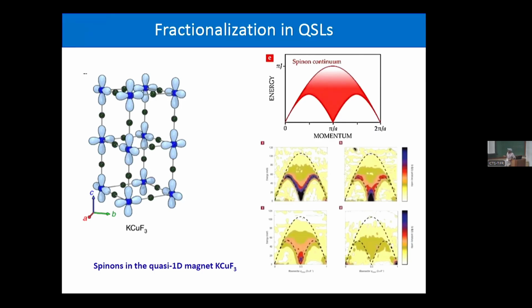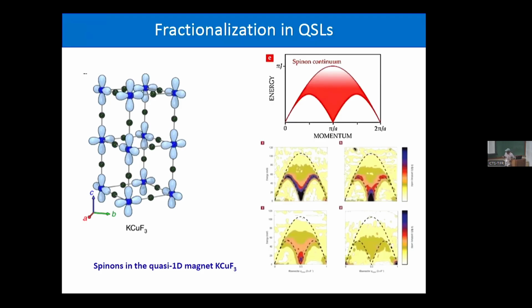So I show this real data for a quasi-1D magnet, potassium copper fluoride, and there is weak interchain coupling, and therefore this material orders at 5 K or so. If you do measurements at high temperatures, you see this spinon continuum, but as you lower the temperature, you finally begin to see spin waves out of the ordered state.